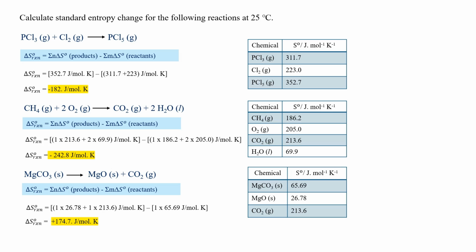Why is this a positive value? A positive value indicates an increase in entropy. In the reaction, the solid phase on the reactant side is more organized. Particles are closely packed and very organized. A highly organized phase has low entropy. On the product side, again there is a solid phase, magnesium oxide, but carbon dioxide is a gas phase.